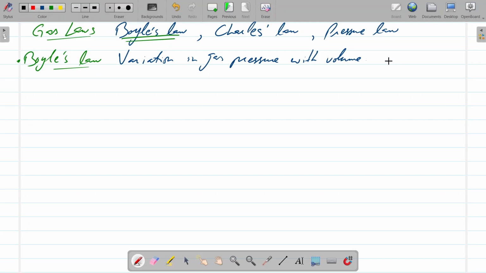What they do is that they plot a graph of volume versus pressure. And what they notice is that as the volume increases, pressure decreases.